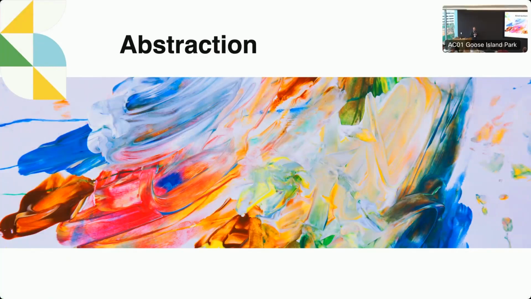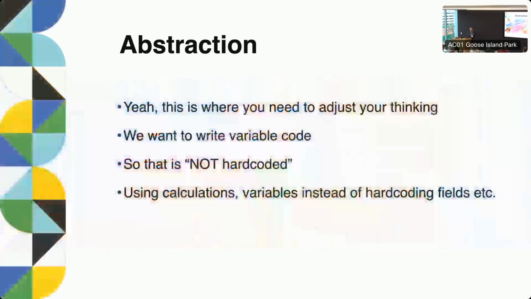So looking into the abstraction part, that's where it really gets fun, right? Because you need to adjust your thinking, unless you're already abstract by nature, right? Which could be. I'm one of those, maybe there are more. So variable code is really what we're looking for, instead of hard coding stuff.